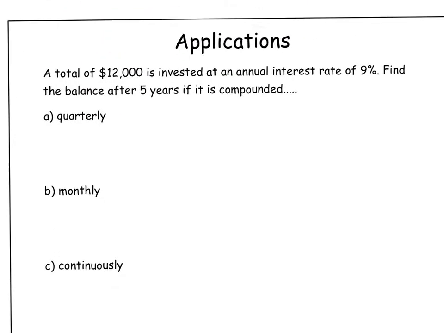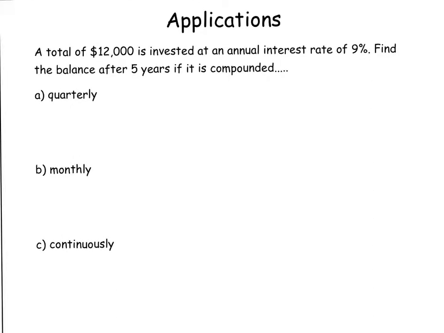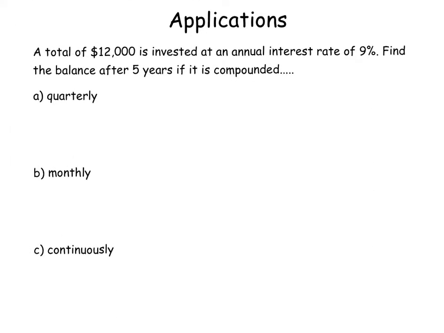So down here, we're diving into some applications that now illustrate the difference. If we're talking about a compounding period, this relates really well to interest problems. The amount is going to be your principal times your rate over how many times interest is compounded, to the n times t power.